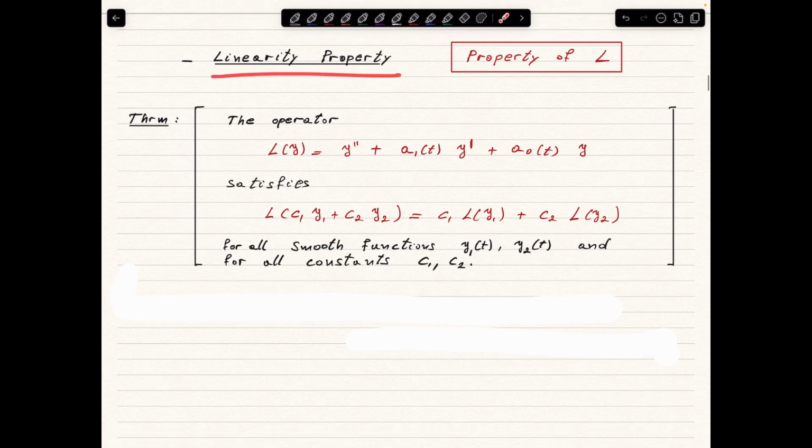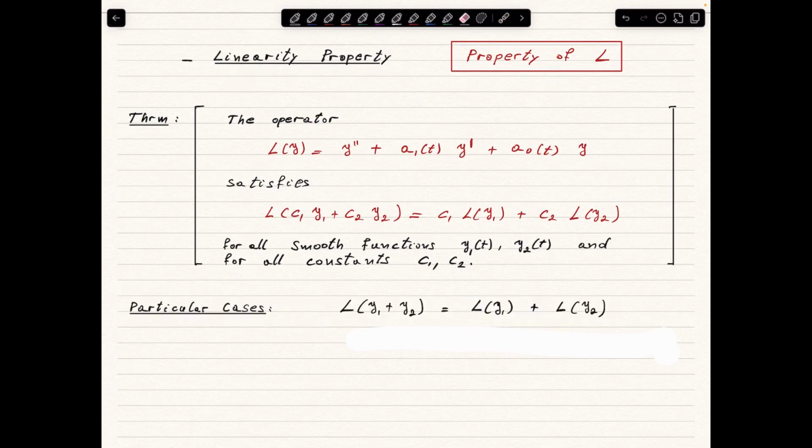And this property has two particular cases. When the two coefficients are 1, we have the addition: the operator acting on the addition is the same as the addition of the two operators. And when one of the constants is 0, we have this other particular case. One coefficient is 0, so that term is not there.